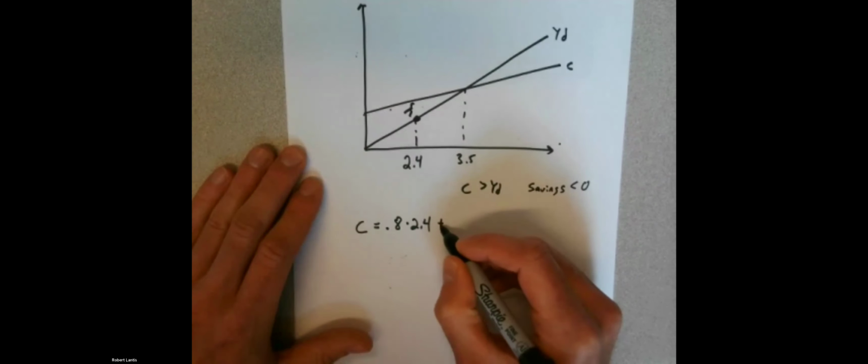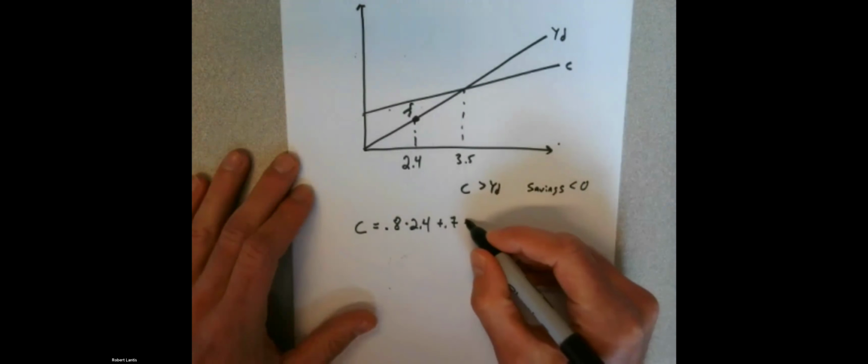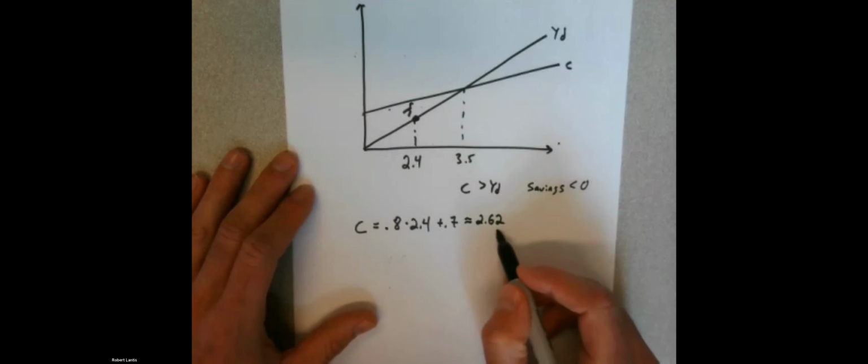So if my consumption was equal to 0.8 times this disposable income that we were given plus autonomous consumption, right? Then our level of consumption would be what? 0.8 times 2.4 plus 0.7, or approximately 2.62. Well, that's the amount of consumption we have, right?